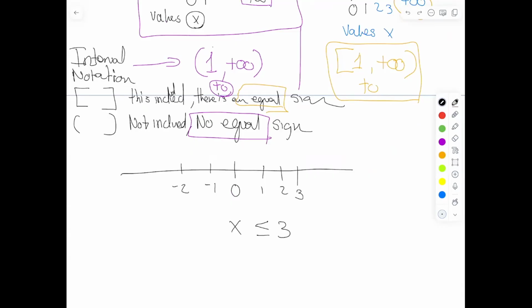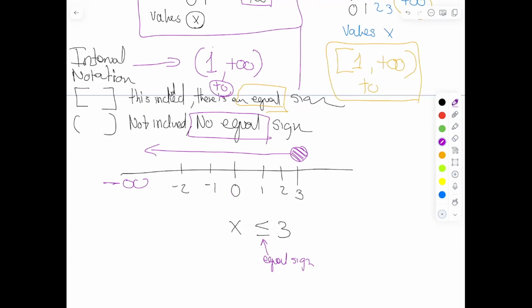Where would I put the 3? I'm going to put a solid circle. Do you know why? Because there is an equal sign. Where is this pointing, to the left or to the right? To the left. This is going to go to negative infinity.